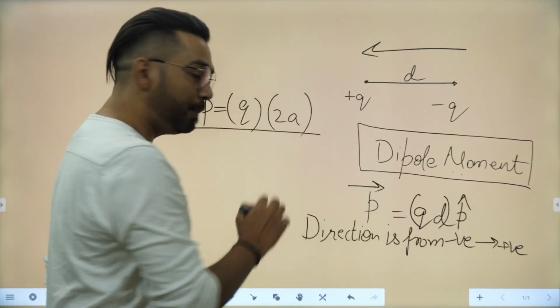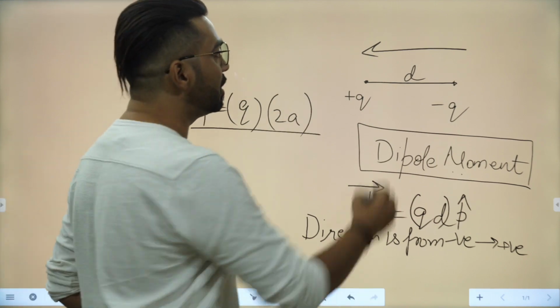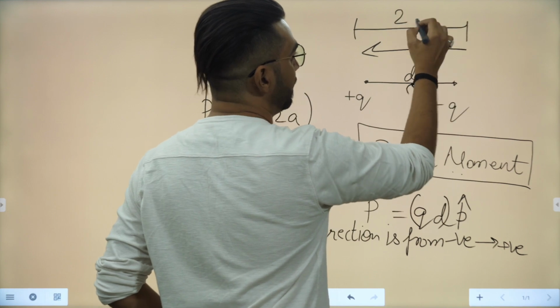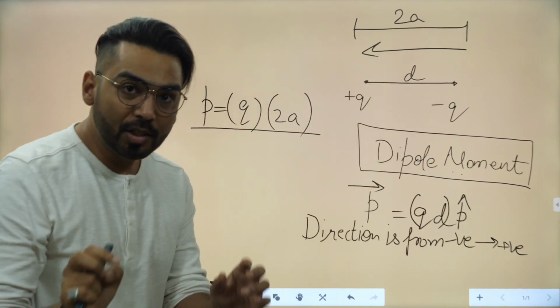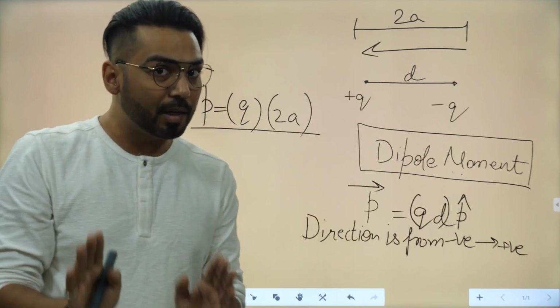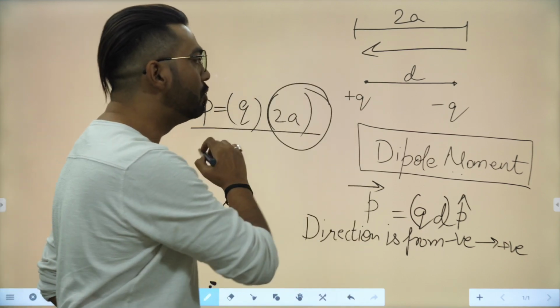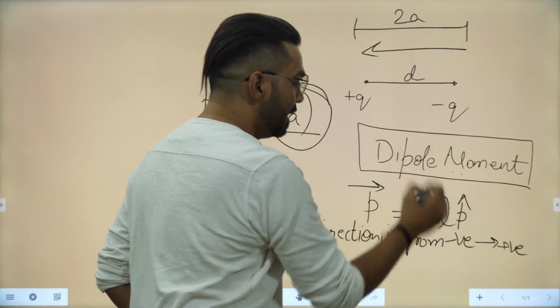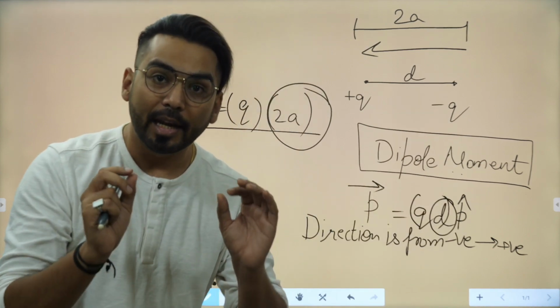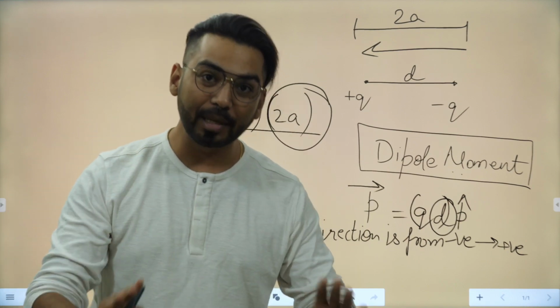In certain books, P is given as Q into 2A, and it is clearly mentioned that this is 2A. My dear children, please never be confused between D and 2A. The distance between the two charges is what you have to take. It does not matter if you write it as 2A or as D. It is the distance between the two charges that has to be taken.